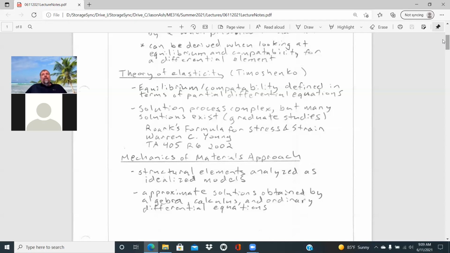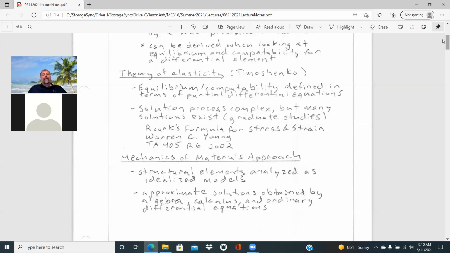You're making simplifying assumptions to do that, but at least you have a ballpark idea of what the state of stress is, what the displacements are. And so then if it's concerning, then you can go on to say a theory of elasticity approach that's more accurate.